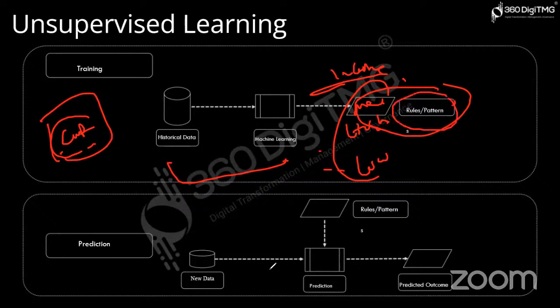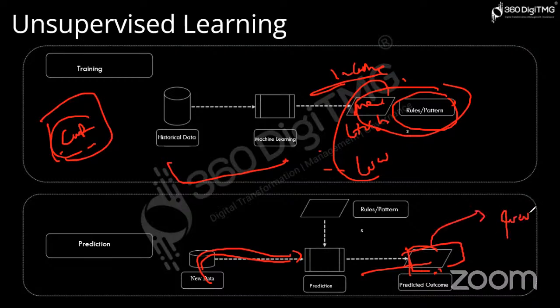With those rules, if you pass new data to that model, it will predict whether the input belongs to the low income, high income, or medium income criteria, based on the rules formed from the historical data.